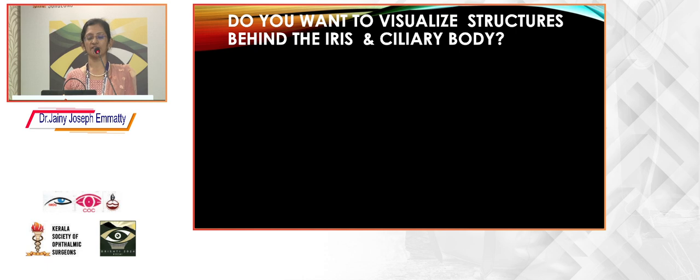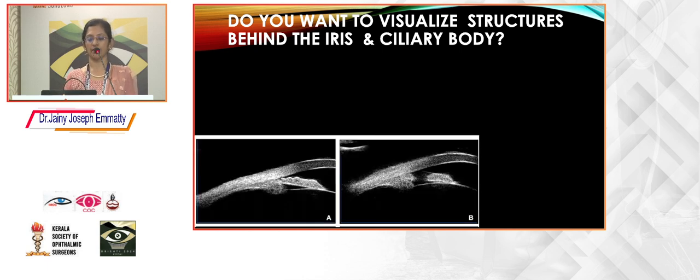If you want to visualize the structures behind the iris and the ciliary body, the imaging modality of choice is UBM. I can use an ASOCT to find out whether the angle is open or not. But if I want to know the mechanism of the angle closure, or if I want to rule out plateau iris, I should go for a UBM.